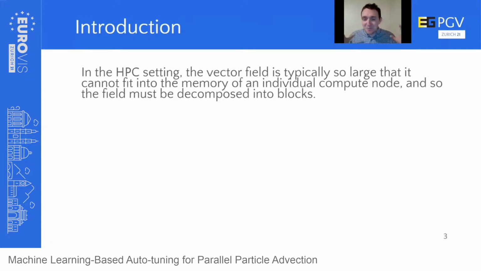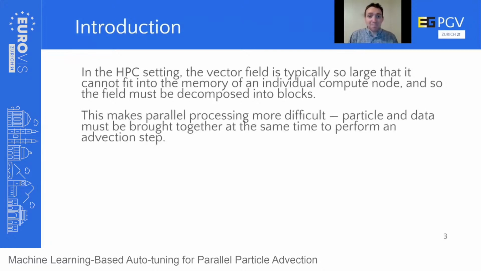We can't place it in just one compute node, and so we have to figure out how to partition or decompose it into different blocks. This makes parallel processing in particular difficult, because when we have one particle or really many particles, we have to bring these many particles that we're advecting through this vector field together with the data in order to perform a single advection step.